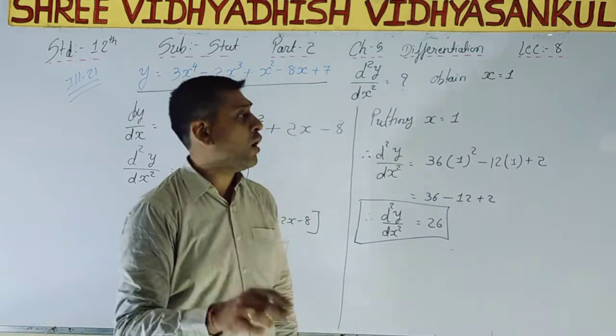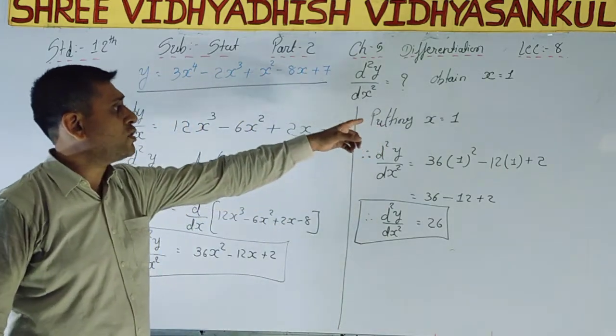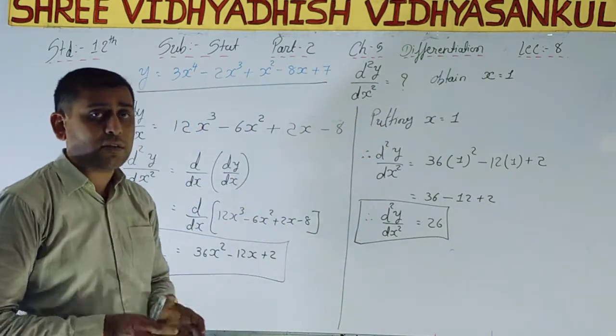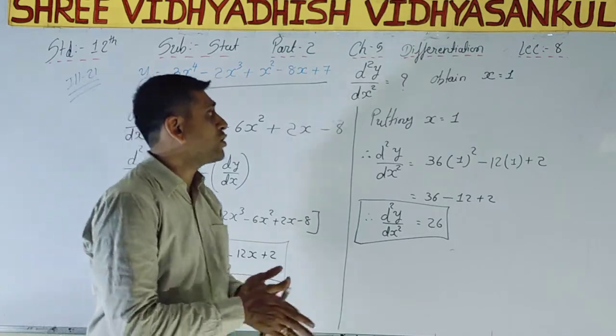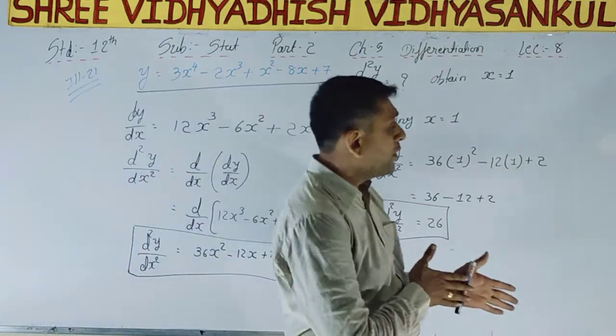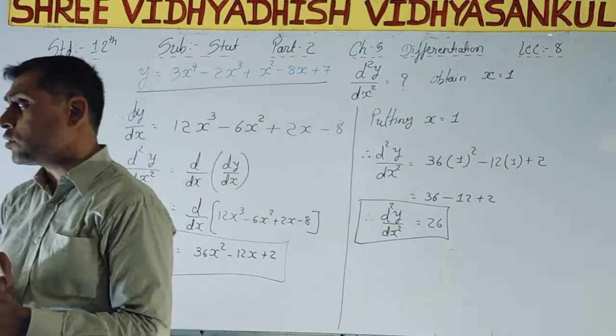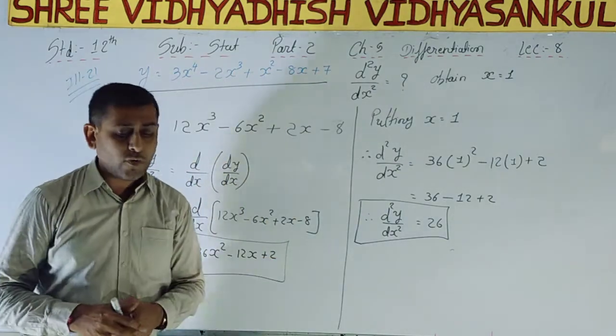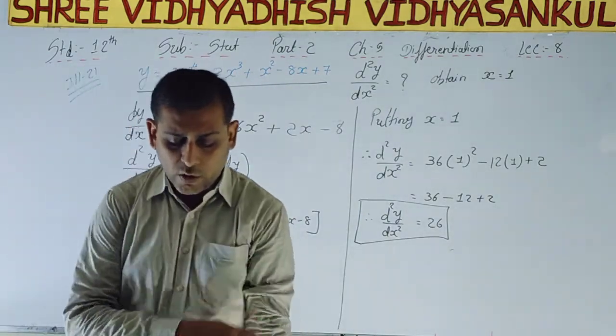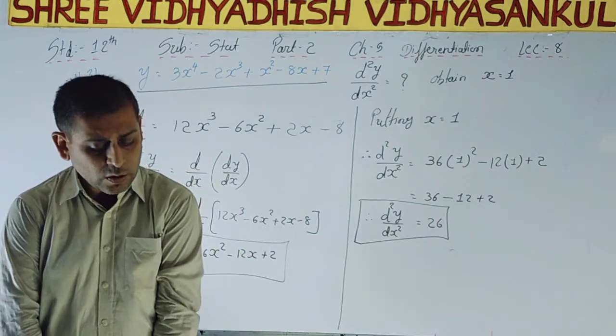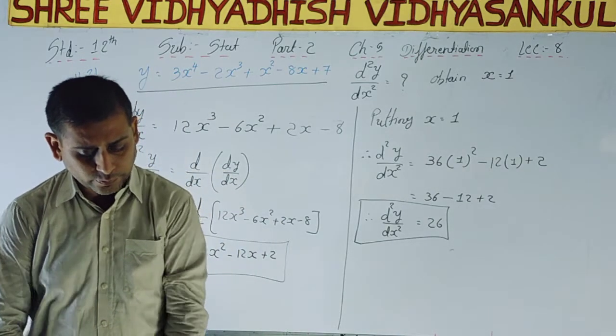Then you have to put the value x is equal to 1 into the answer for d square y by dx square. So your final answer will be 26. Okay, so your first illustration, illustration number 21 of this lecture, is complete. Please write it down.